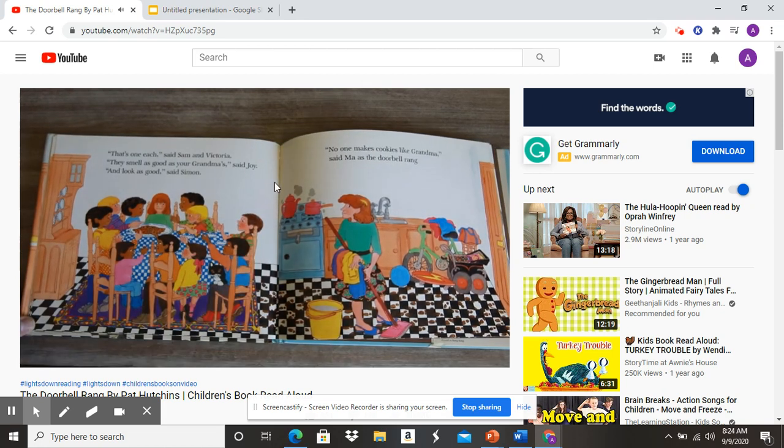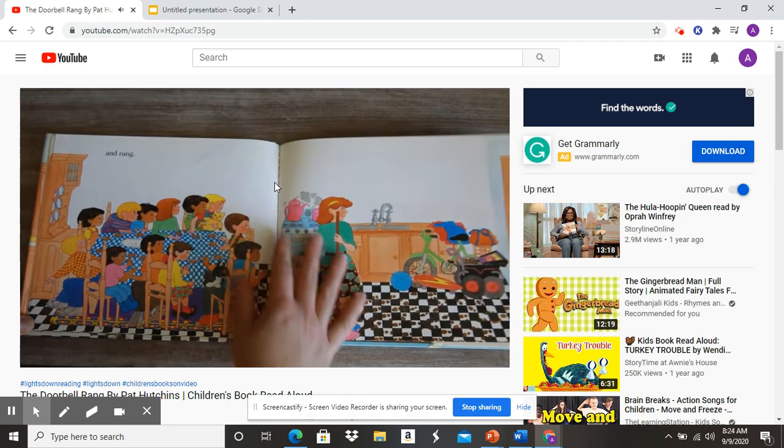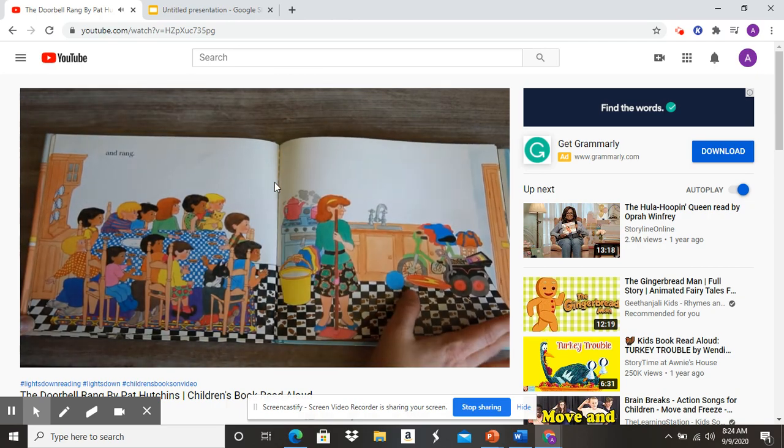That's 1 each, said Sam and Victoria. They smell as good as your grandma's, said Joy. And look as good, said Simon. No one makes cookies like Grandma, said Ma as the doorbell rang. And rang.